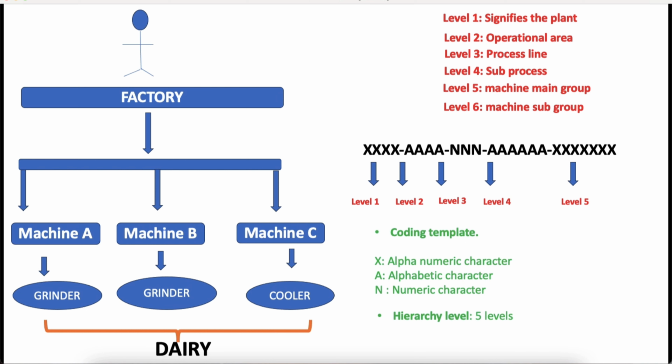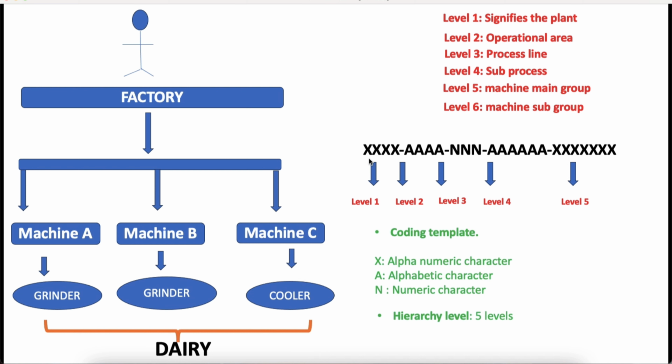Let's assume that this is what he has selected for himself as the structural indicator. I explained previously that the structural indicator includes coding templates and the hierarchy level. So the next thing Mr. Ben will want to look at is his coding templates. And in the coding templates, here we are able to know which should be denoted as a numeric character, an alphabetic character, or an alphanumeric character.